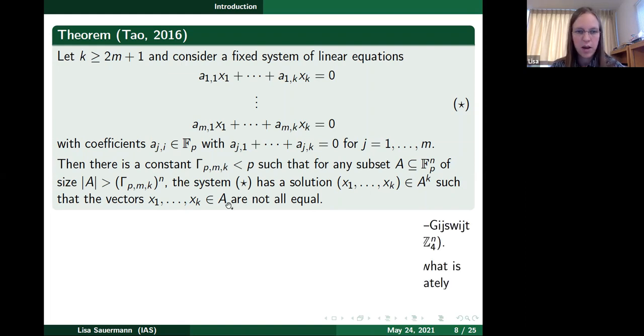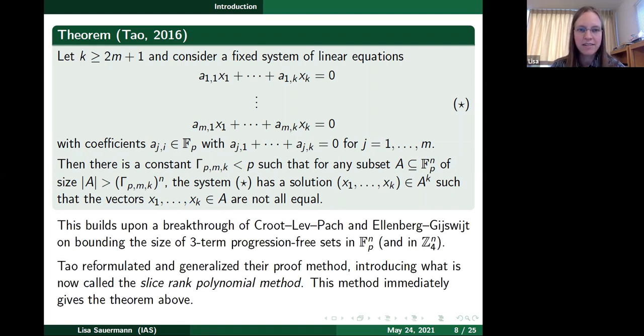So this is this result of Tao, and to be very precise, Tao hasn't written down this result exactly in this form, but it follows immediately from what's now called Tao's slice rank polynomial method. So some historic remarks. This builds upon a breakthrough of Croot, Lev and Pach and of Ellenberg and Gijswijt on the problem of bounding the size of three-term progression-free sets in F_p to the n, or in Z mod 4 to the n.